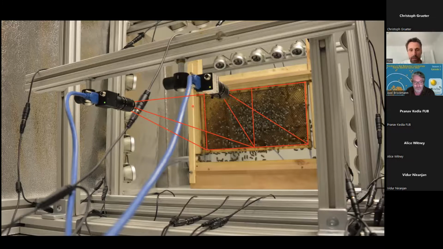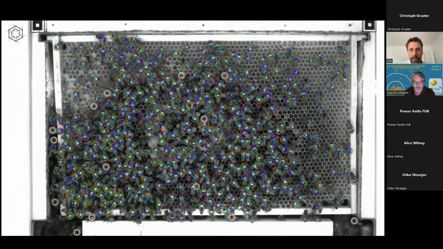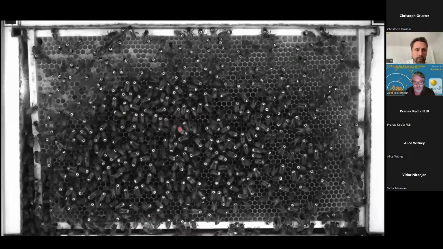The images are synchronized with infrared flashes, so the bees can't see it. And you see that those tags are nicely visible. The resolution is 12 megapixels per recording, and we record 6 frames per second. That's as much as we can encode videos for.